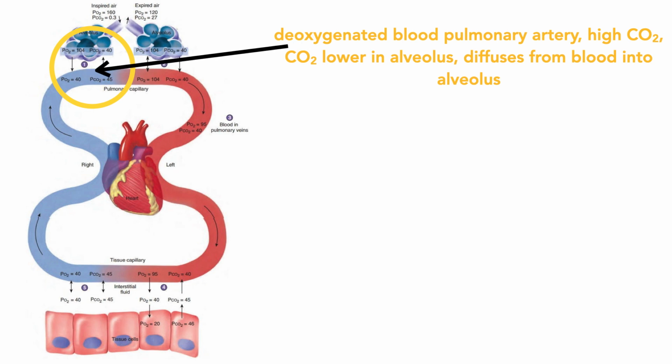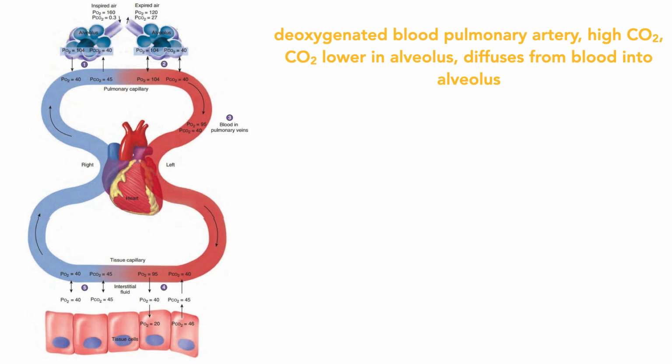So you have an artery that leaves the right ventricle of your heart, and it's going to pump blood to the lungs. You've got lots of CO2. You don't have as much oxygen. And since things always diffuse from high to low concentration, we're going to get the CO2 to diffuse out of the blood and get into the alveolus.